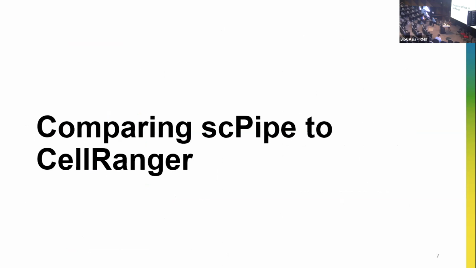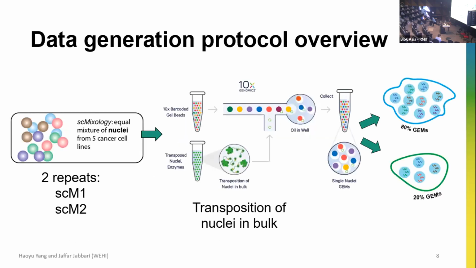But now I want to quickly compare the results I get from scPipe to the popular CellRanger workflow results. So just to briefly tell you how the data was generated, it was generated in the lab where an equal mixture of nuclei from 5 cancer cell lines are collected, and then when the pre-processing happens, we actually separate it into a 1:4 ratio and do the processing separately for the 80% and the 20% gems.